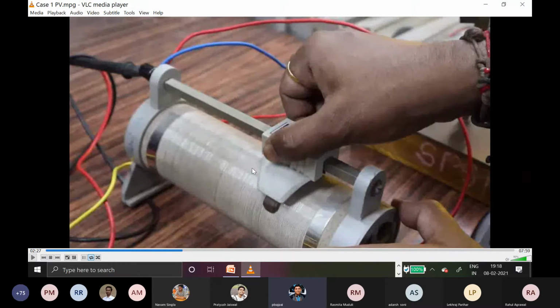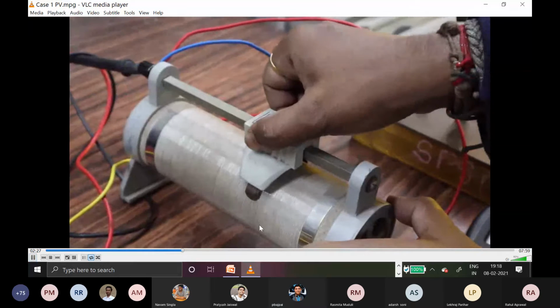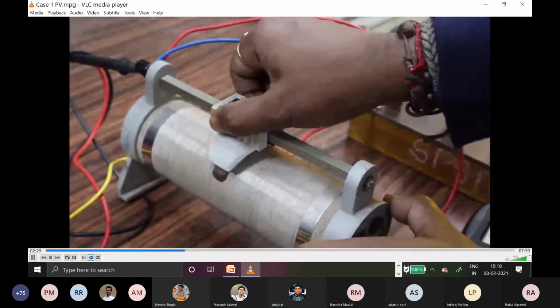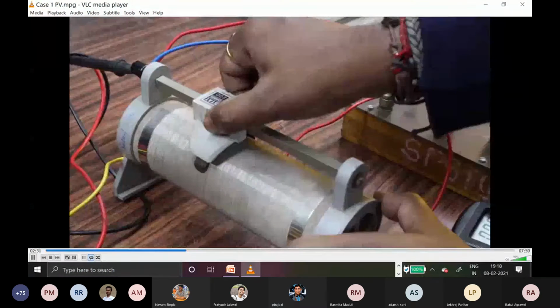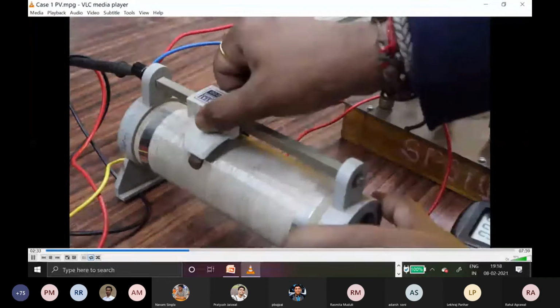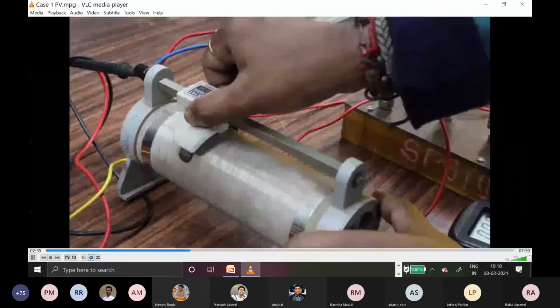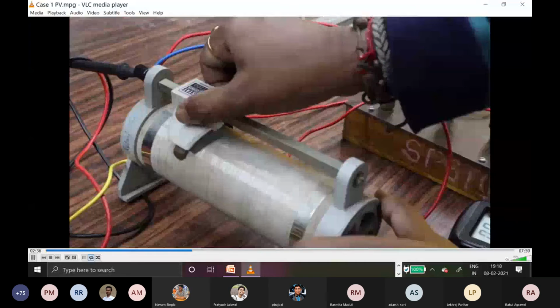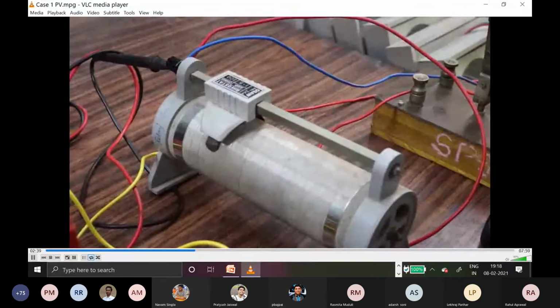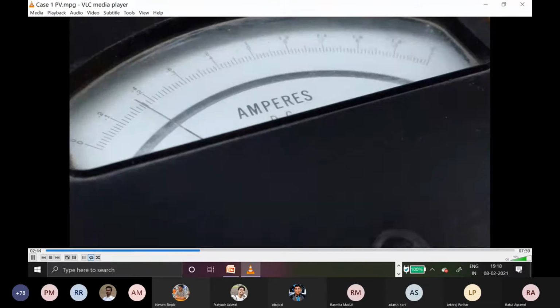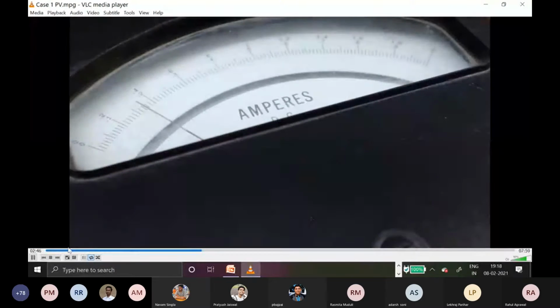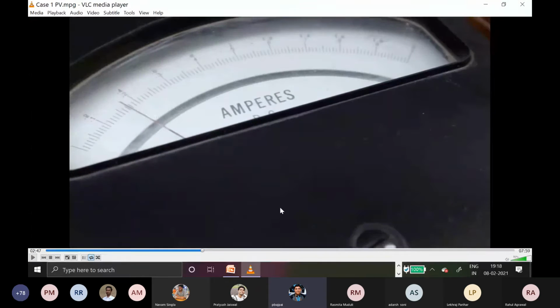So we will get some current. Earlier the current was 0 and the voltage will reduce now. So current is 0.15 ampere and the voltage is around 14 volt.